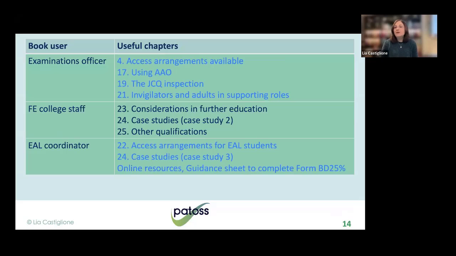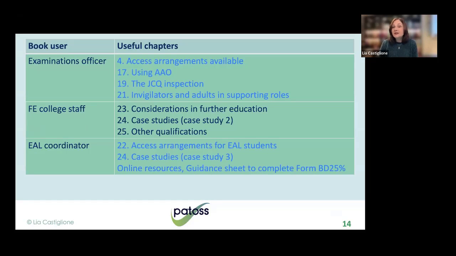For the exams officer, then Chapter 4, the access arrangements available. Chapter 17, using access arrangements online, because the exams officer might be the person who's actually making that online application. Information about the JCQ inspection in Chapter 19, and then, of course, Chapter 21, the invigilators and adults in supporting roles. Now, for FE college staff, there are some particularly useful chapters that are really going to be more relevant.